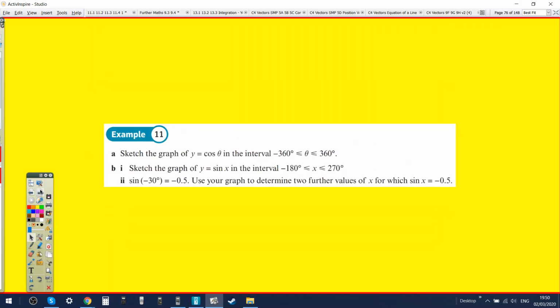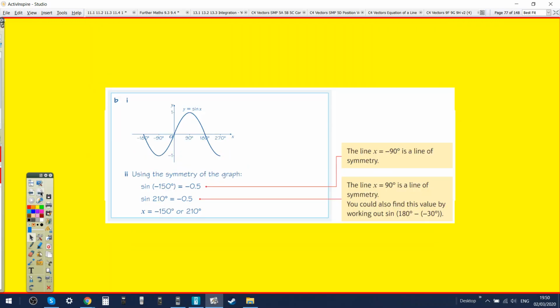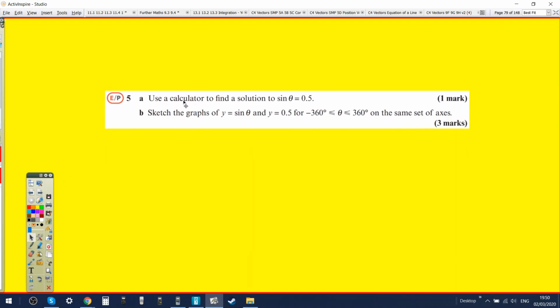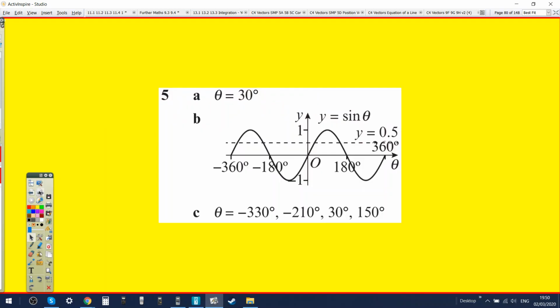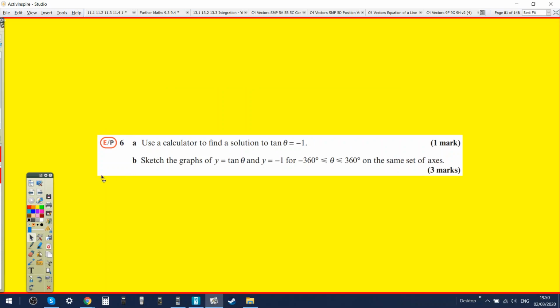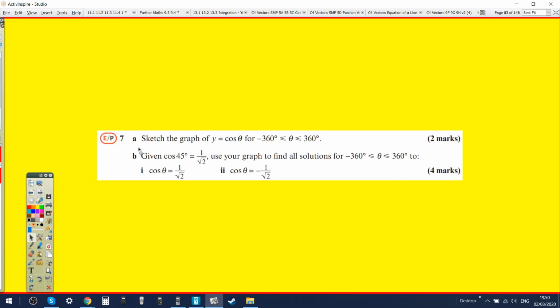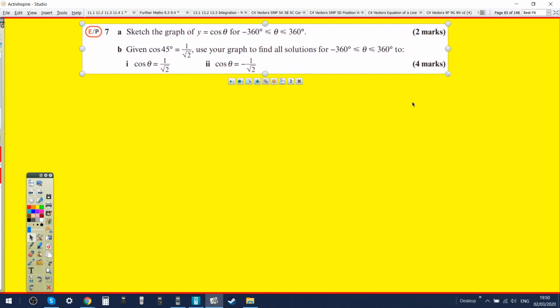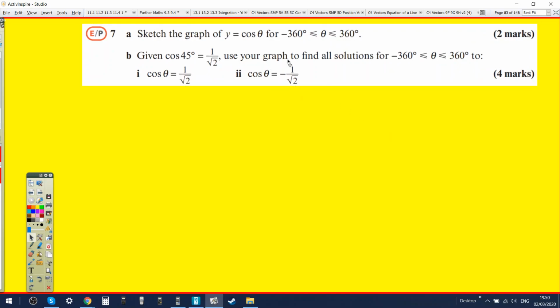Sketch the graph. Calculator. Sketch the graph. Calculator, sketch. Use your graph. Let's see if we make sense of this part B1. Given that cos 45 is that, use your graph to find all the solutions to this one.